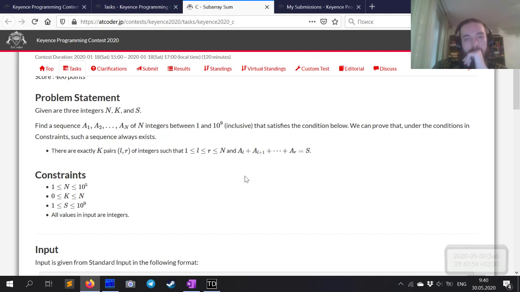We need to construct an array of positive integers so that exactly k pairs sum up to s. So let's think about it.